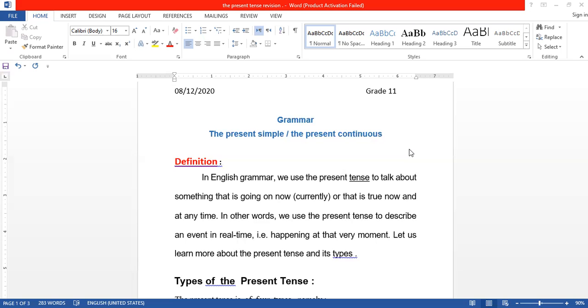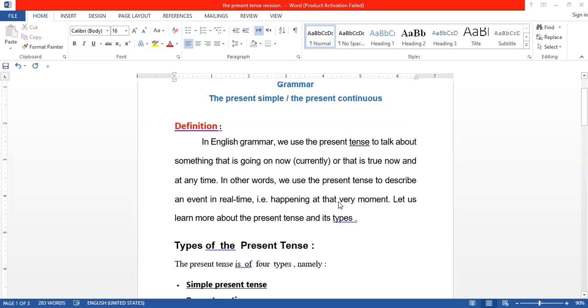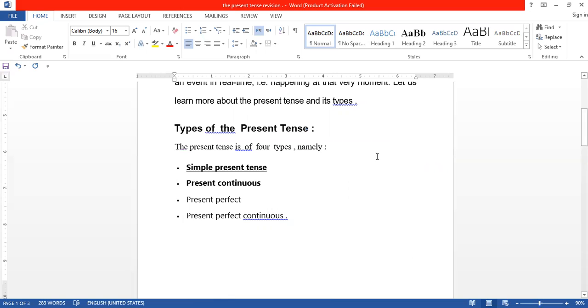Okay, so let's go on. The next step, types of the present tense. As you can see, the present tense is of 4 types, namely simple present tense, present continuous, present perfect, and present perfect continuous. Is it clear? Yes.